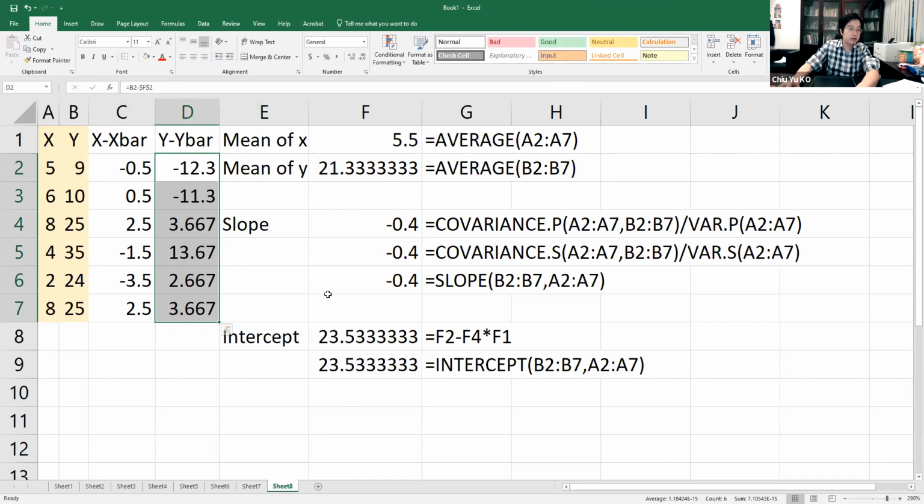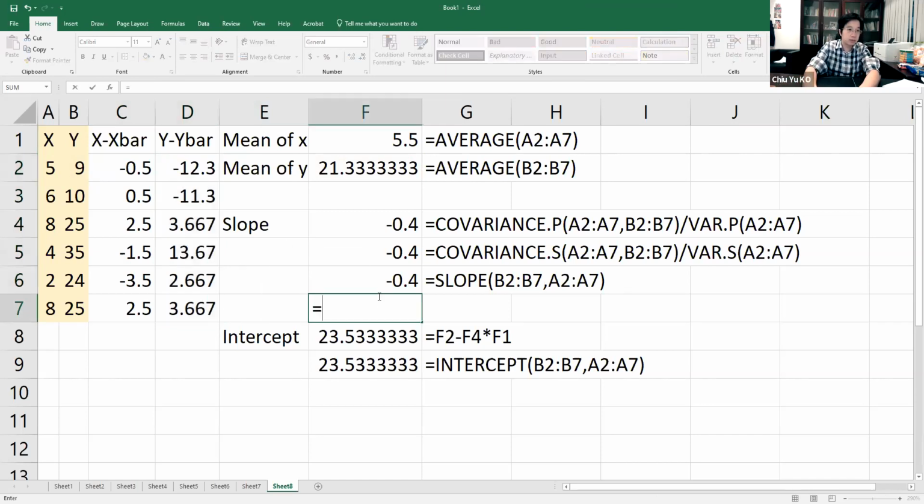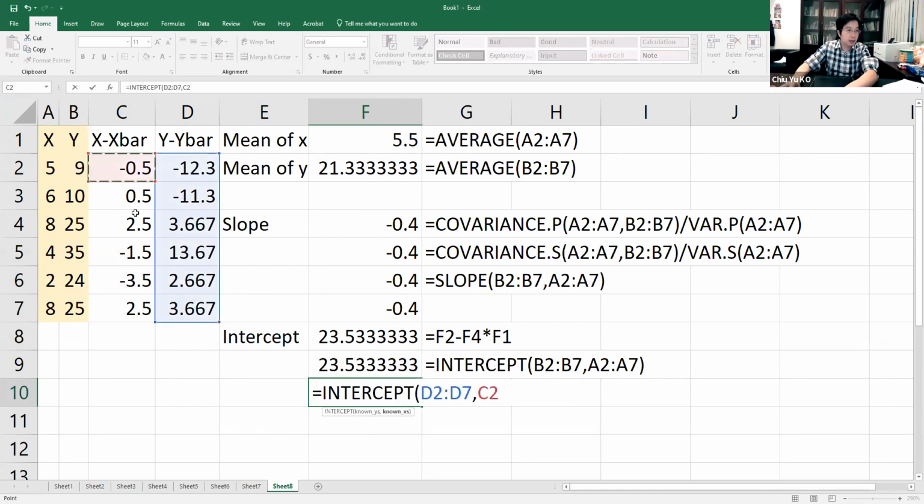So I will try to prove the slope is -4. Okay. So let's do the slope. Put the Y first and put the X. Okay, you can see it's -4. You can also try to put the intercept, the same idea, but the intercept will be different. As you will see, the intercept will be 0 in this case, because it is demeaned.